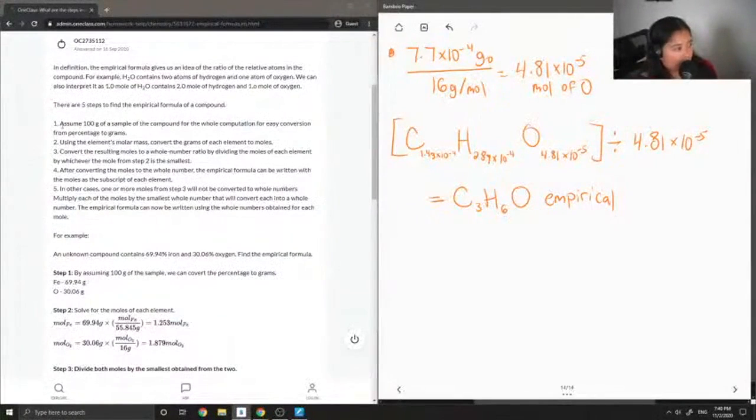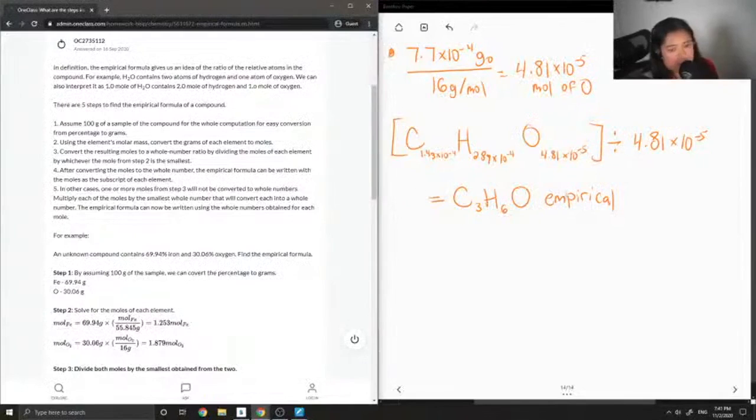If you don't have any mass and you need to calculate an empirical formula, you can assume 100 grams of a sample of the compound, and that's an easy way to convert from percentage to grams. Using the element's molar mass, convert the grams of each element to moles. Convert the resulting moles to a whole number ratio by dividing the moles of each element by whichever mole from step 2 is the smallest.